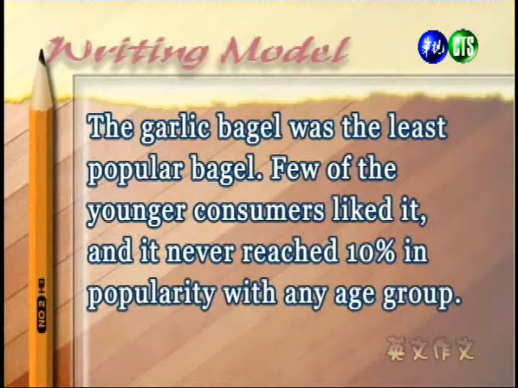好，那我们刚刚所看到的所有的例句，都是描述资料的一种很有效的方式。不过这两个句子，它们是从不一样的角度来强调资料的走势。All right, so now let's go on and let's take a look at the garlic bagel data. 好，我们接下来继续看一下这个大蒜口味贝果的资料。All right, so this is what we wrote in the writing model. The garlic bagel was the least popular bagel.